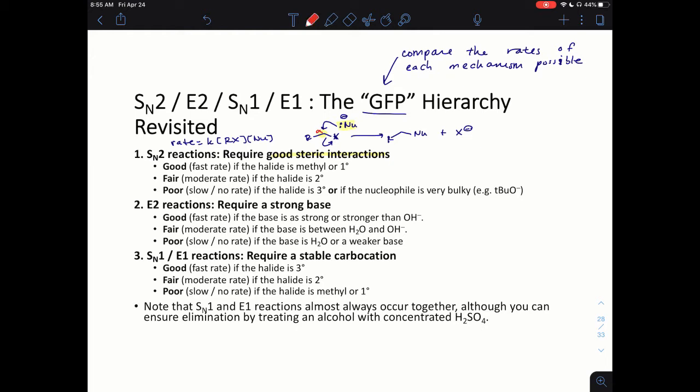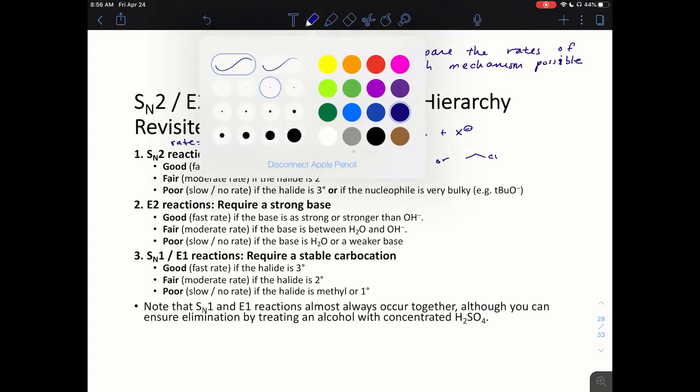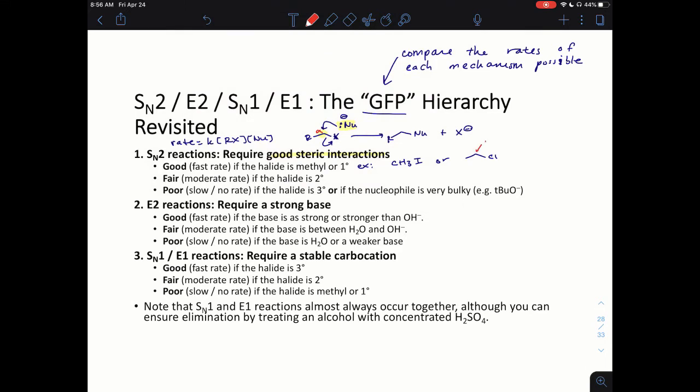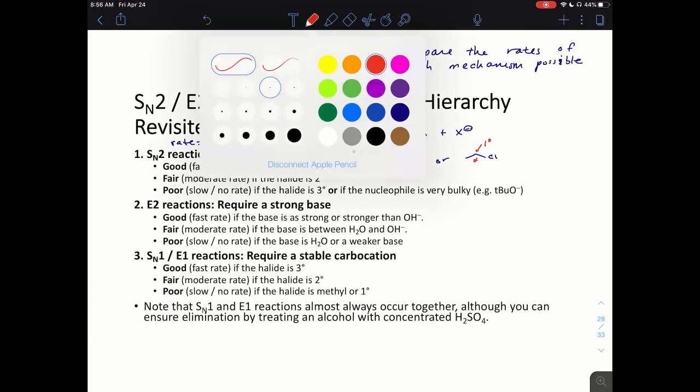So we're going to have a fast rate of SN2 when the alkyl halide is methyl or primary. So for example, if you had methyl iodide, that would be a great SN2 substrate, or say ethyl chloride, that would be good too, because you have a primary alpha carbon or a methyl alpha carbon. So it's easy for the nucleophile to get in there and attack.